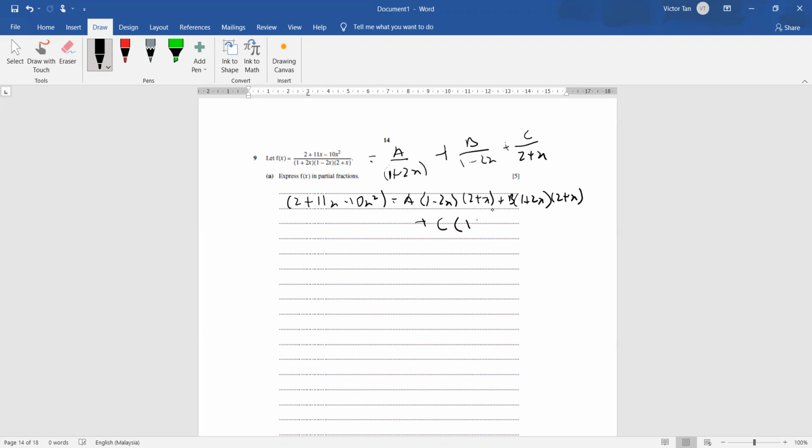Now I'm going to do just simple substitution to find the solution. First, I get x is minus 2.